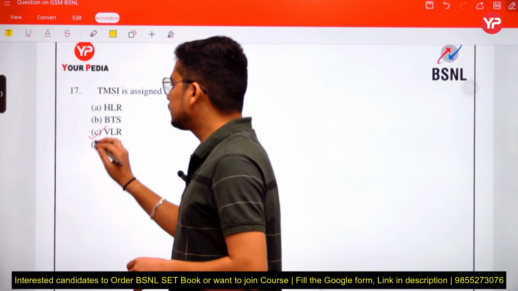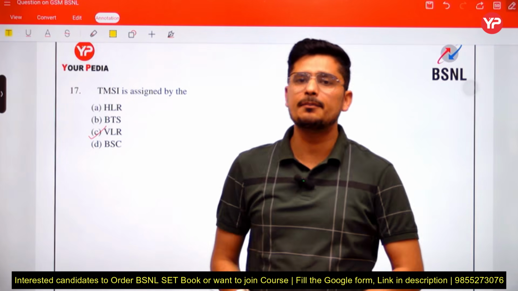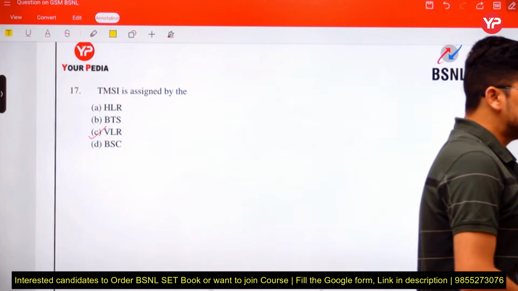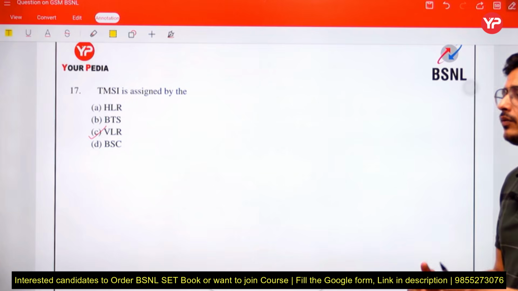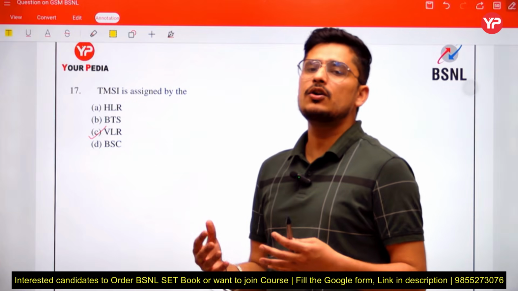This VLR will generate this TMSI, Temporary Mobile Subscriber Identity, whenever you visit different areas. It is used to improve the security or privacy of the user.